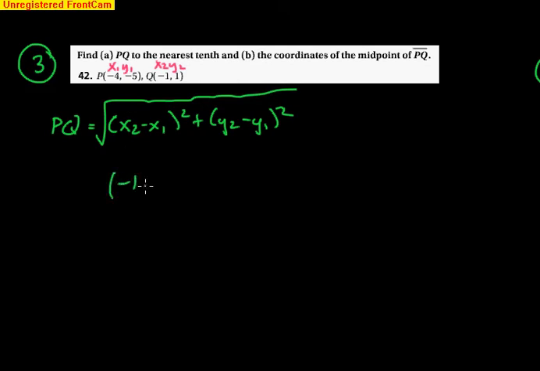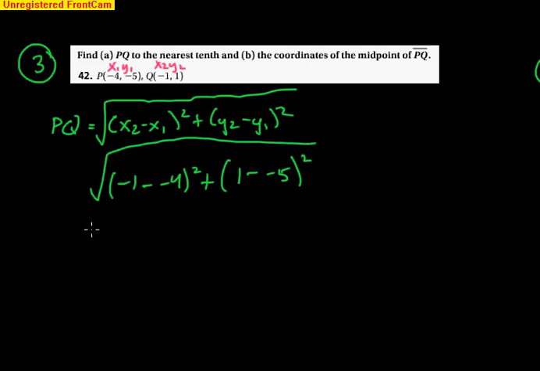x2 is negative 1 minus x1 is negative 4. Notice the 2 negatives next to each other. y2 is positive 1 minus y1 is negative 5. Again, notice the 2 negatives next to each other. This is all inside a square root. So we make the minus minus plus plus. Negative 1 plus 4 is 3.